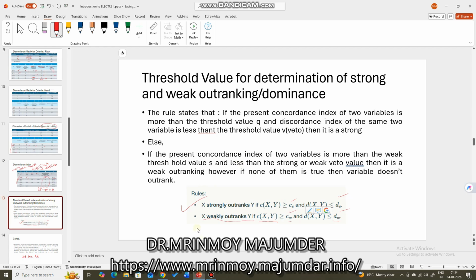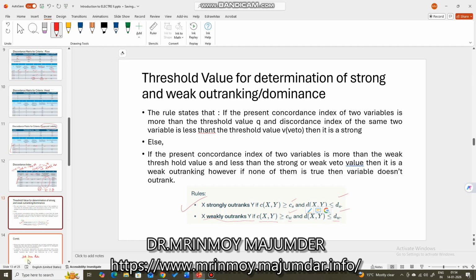The alternatives weakly outrank each other if the concordance index value is greater than or equal to the weak concordance value, and the discordance index value of the same alternatives is less than the weak discordance value.